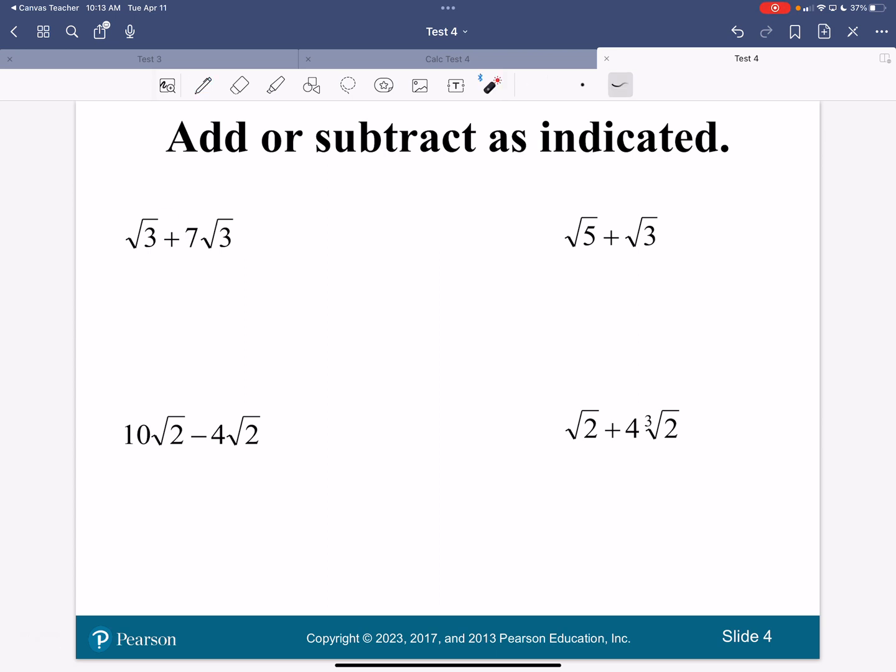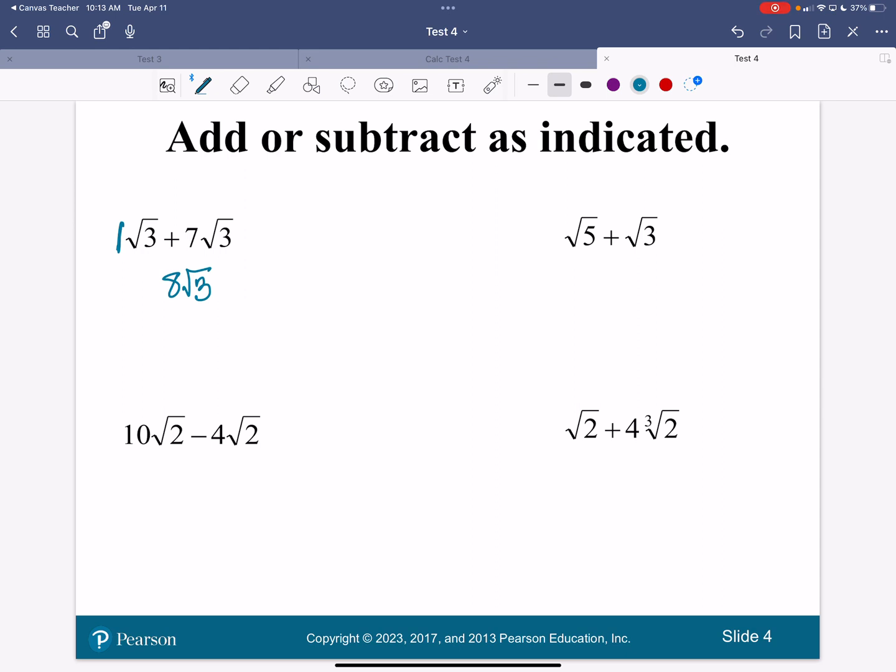We're going to treat square root of 3 the same way we would treat 1 on the square root of 3. So I've got 1 on the square root of 3 plus 7 on the square root of 3. So 1 plus 7 is 8, and then I keep the square root of 3. I don't do anything with the square root of 3. It's like a variable.